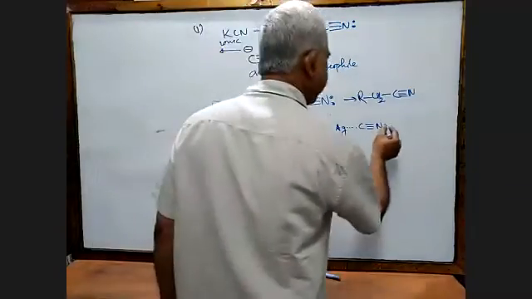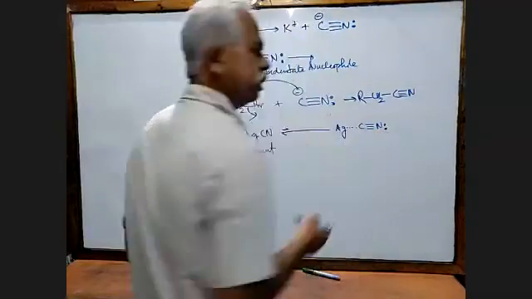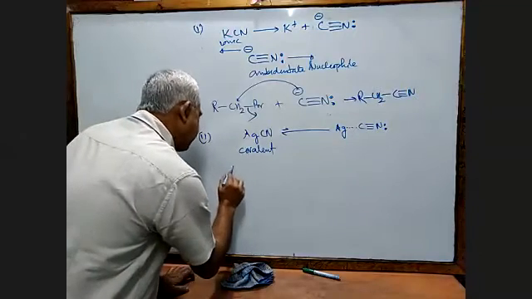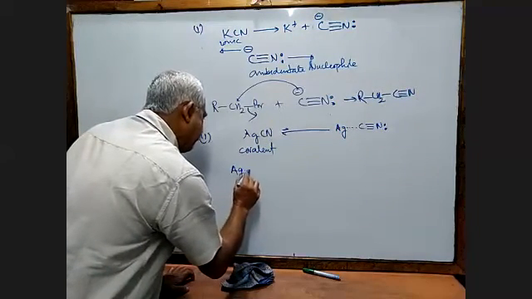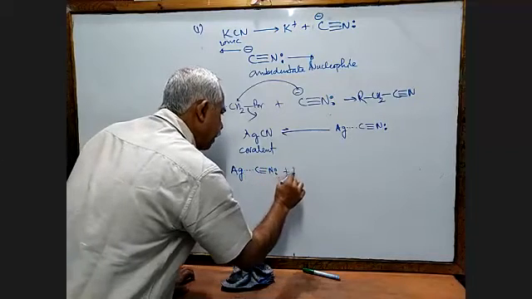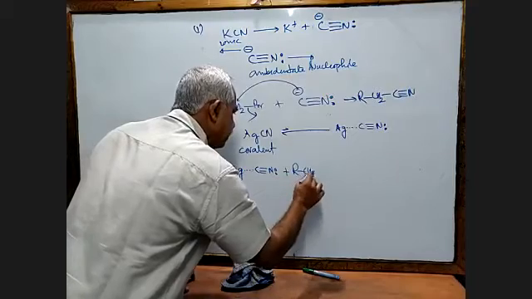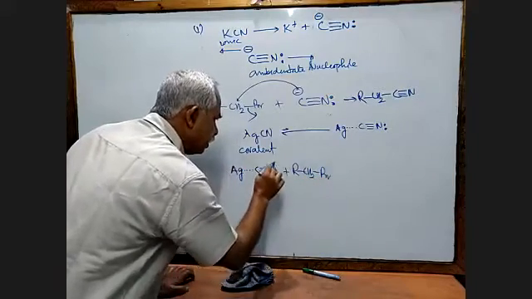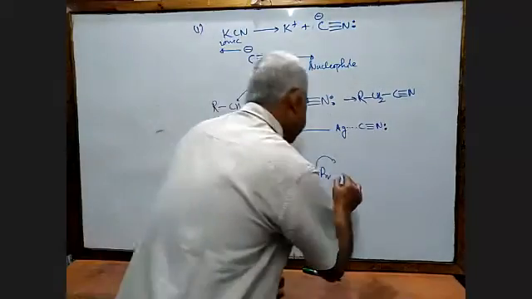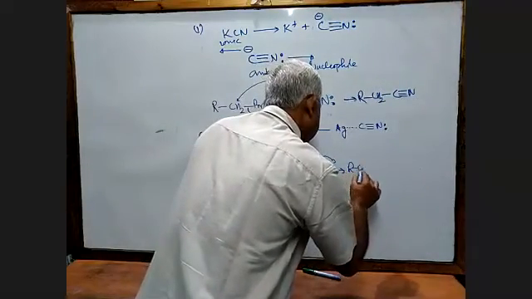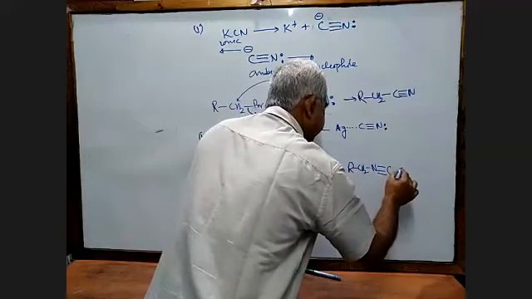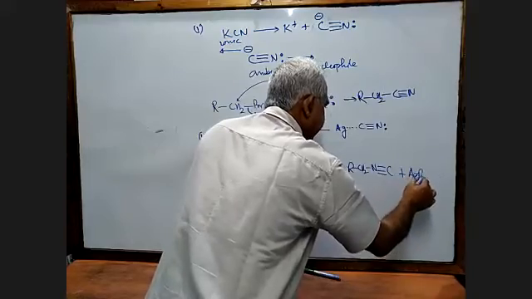In that case, it is the nitrogen lone pair which is going to react. So I can write this as AgC triple bond N and RCH2Br. In this case, the nitrogen attacks and you get RCH2NC plus AgBr.